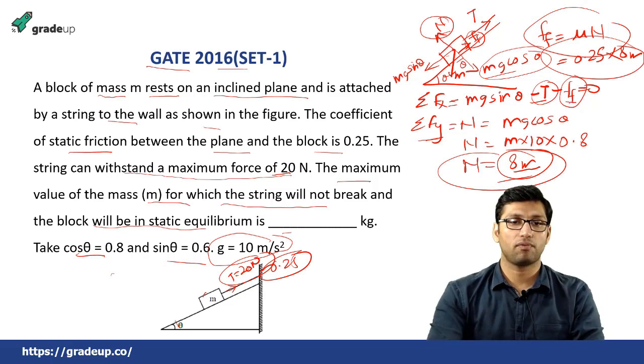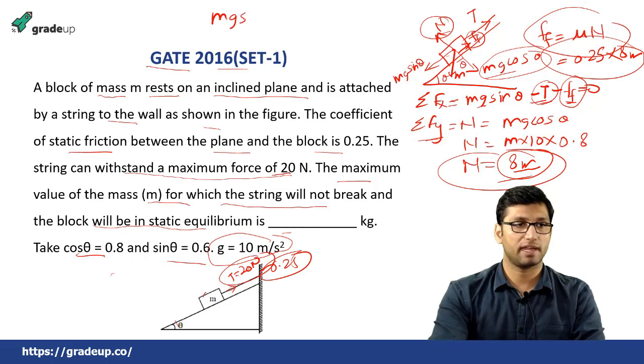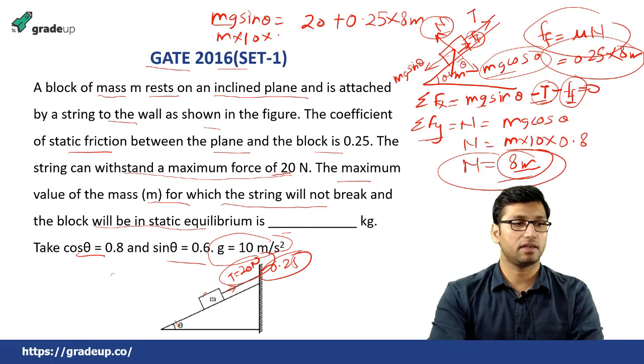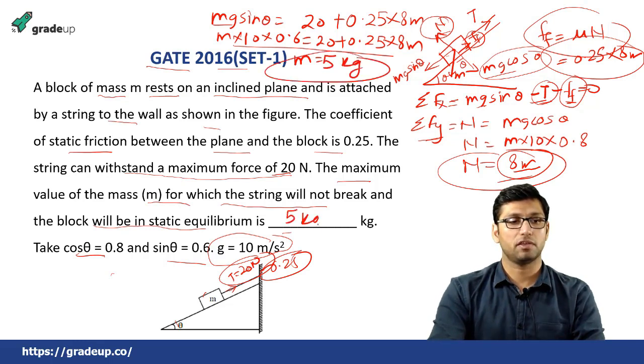After putting the values of frictional force and tension in this equation, this gives mg sin theta equal to 20 plus 0.25 into 8m. Here m is not given, g is 10 and sin theta is 0.6, so 6m equals 20 plus 0.25 into 8m. After solving this equation, you will get the value of m equal to 5 kg. So the answer will be 5 kg.